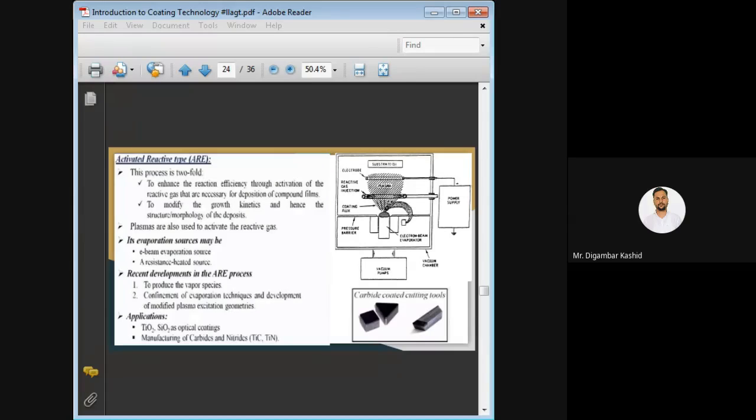Recent developments in this ARE process are to produce the vapor species, the confinement of operation techniques, and the development of modifications in the plasma excitation geometry. So for that purpose you can use it. Once again I repeat.